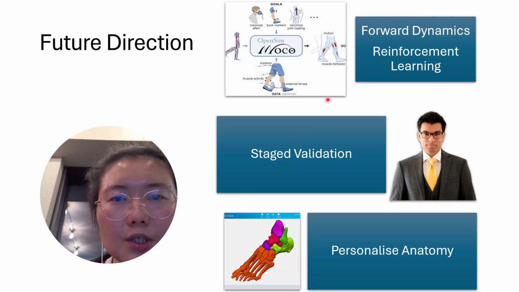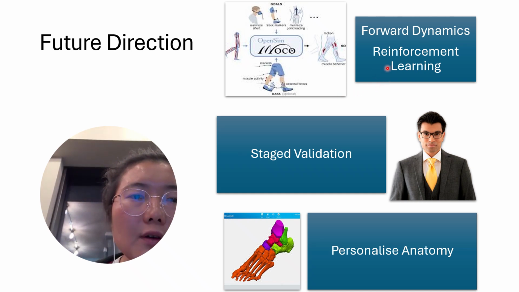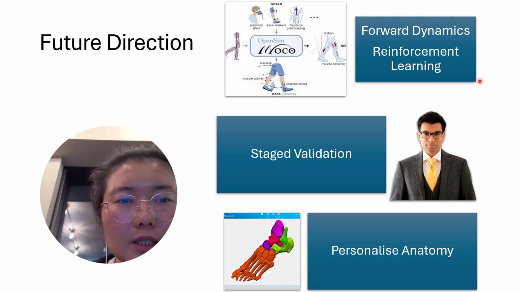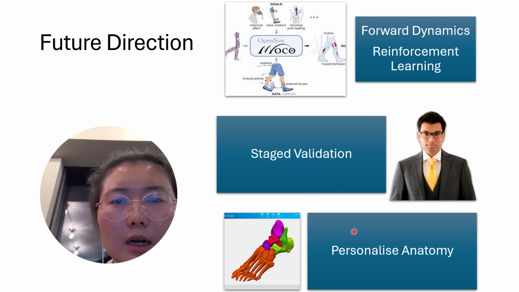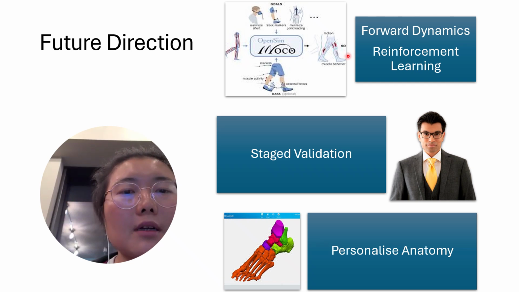Building on this research, there are three key directions I'd like to suggest for future work. First of all, we could move beyond the current model and apply forward dynamics using tools like OpenSim Moco. We could also apply reinforcement learning like OpenSim RL to model post-operative neuromotor adaptation.